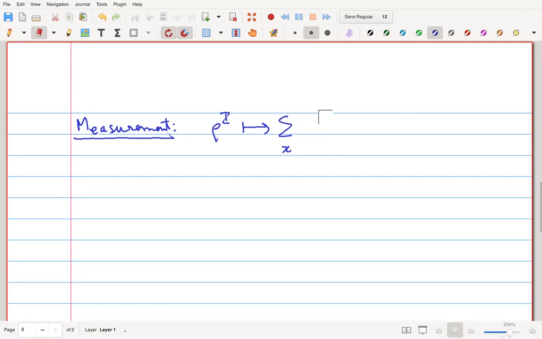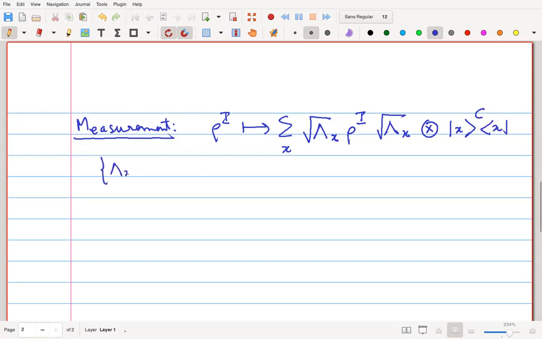Small lambda is normally used for eigenvalues. And what is the property of the set of lambda x's?